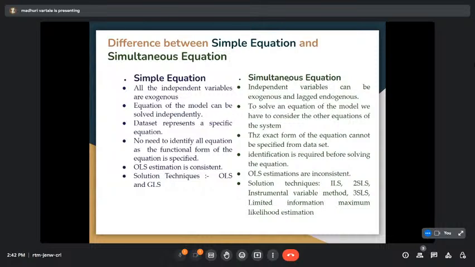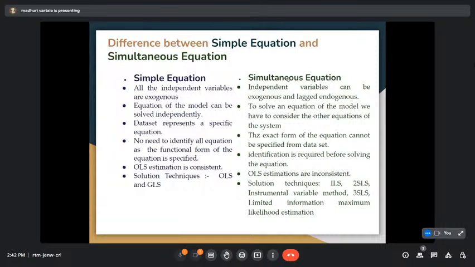The exact form of the equation cannot be specified from the data set, and identification is required before solving the equation. That's why identification is required before solving the equation. That is very essential. Then OLS estimations are inconsistent.